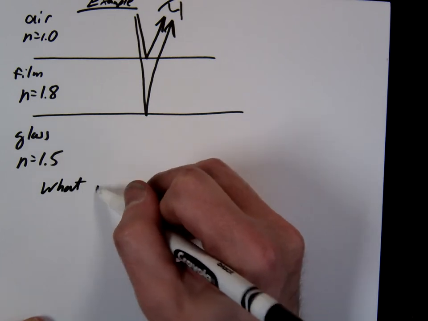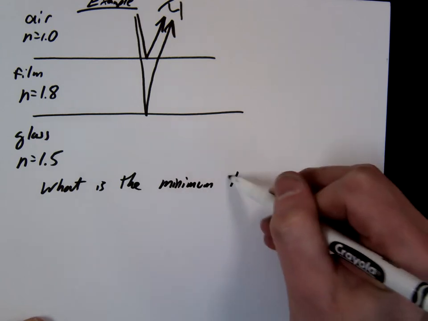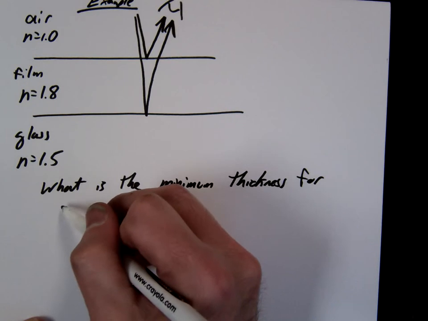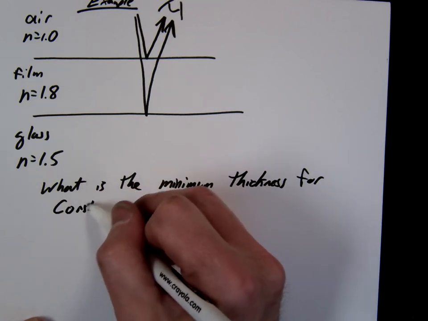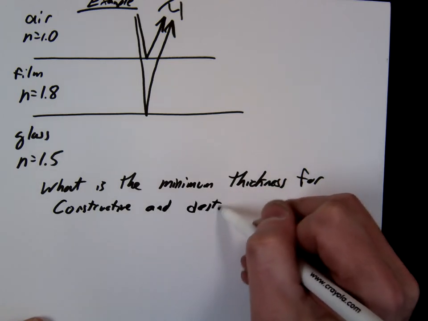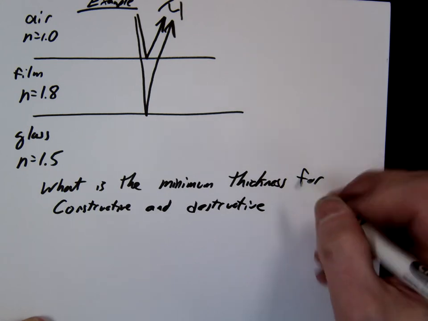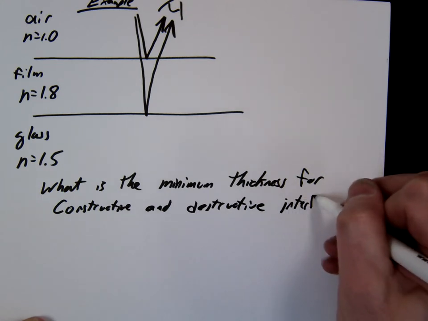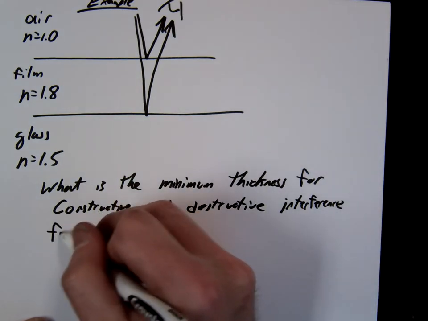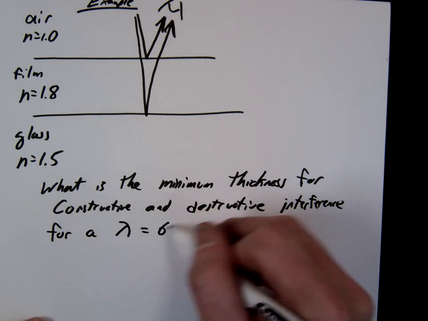What is the minimum thickness for both constructive interference, and let's start with a lambda of 600.